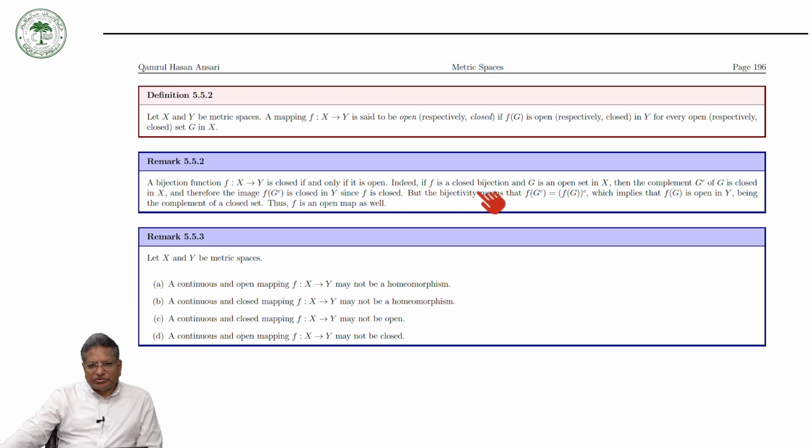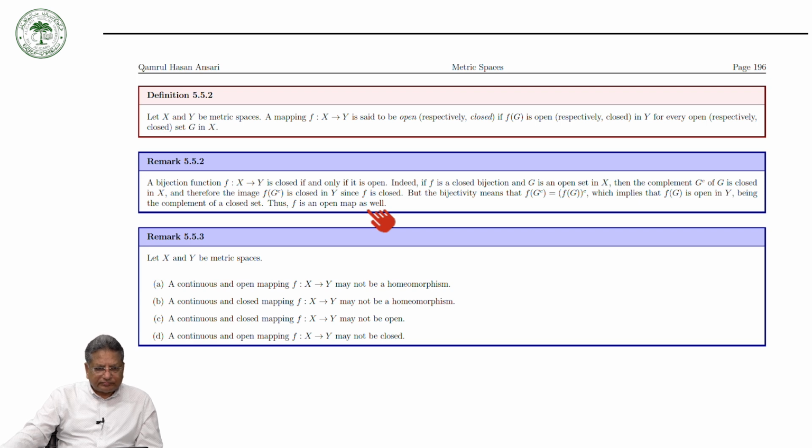Indeed, if f is closed and bijective and G is an open set in X, then the complement of G is closed in X, and therefore the image of the closed set is closed in Y. Since f is bijective, f of the complement of G is equal to the complement of f of G, which means that f of G is open in Y, being the complement of a closed set, and hence f is an open map as well.